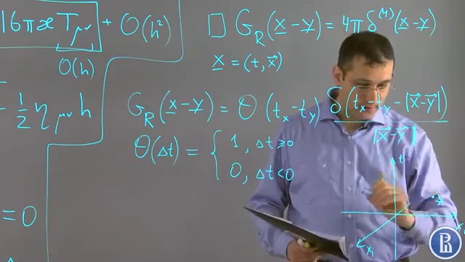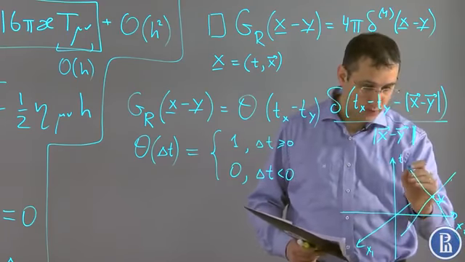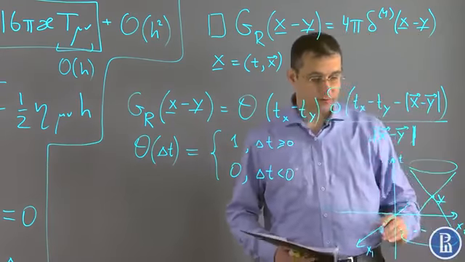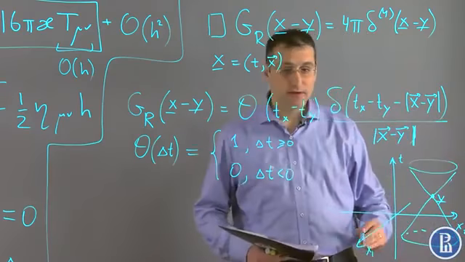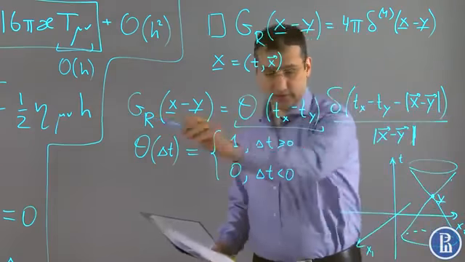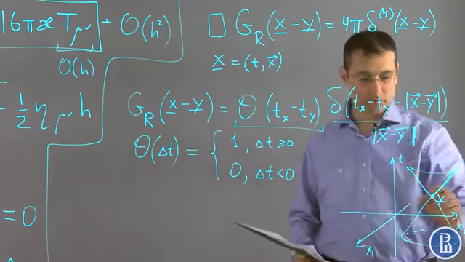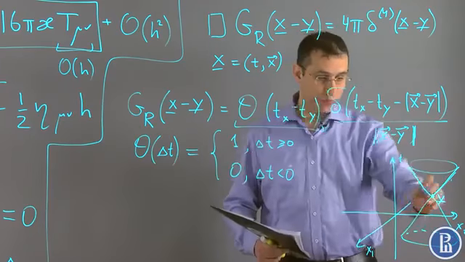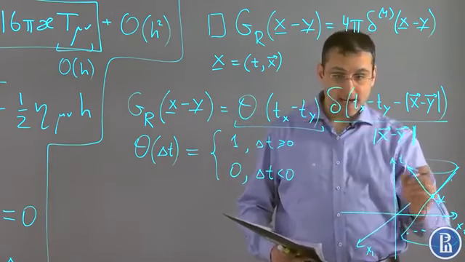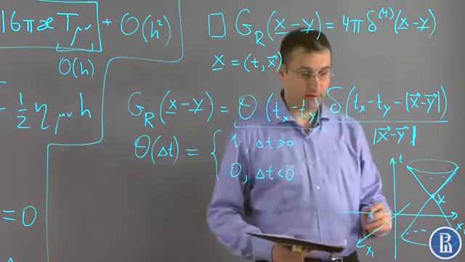There is a light cone which has this point y as its apex, and due to this theta function, the retarded Green function is not zero on the future light cone starting from the event y.